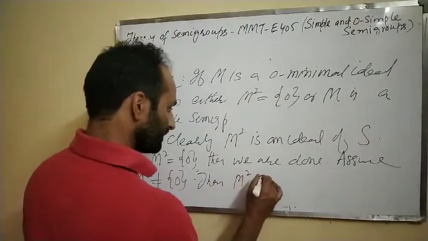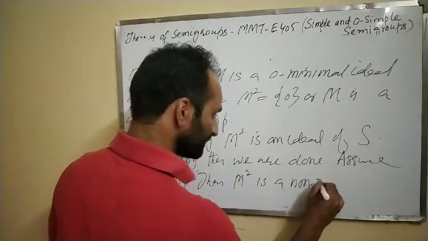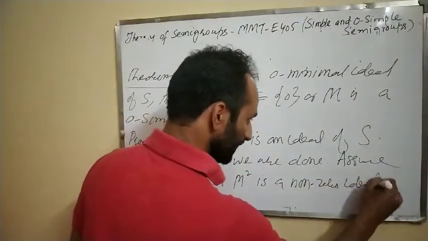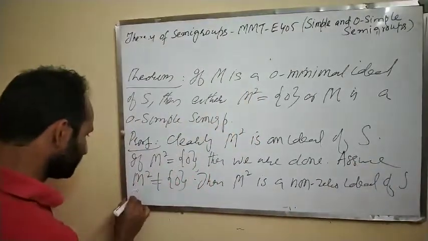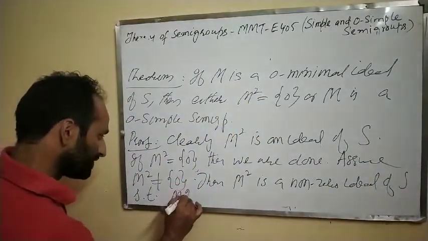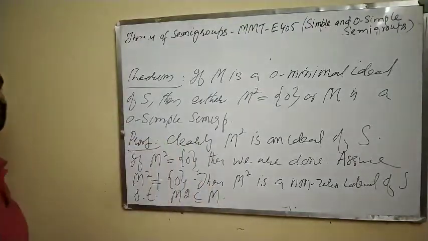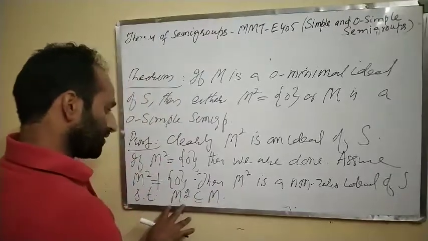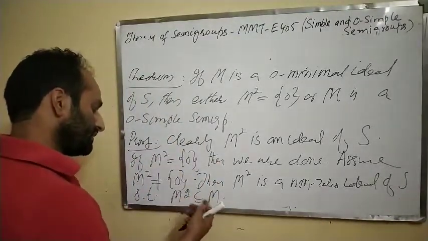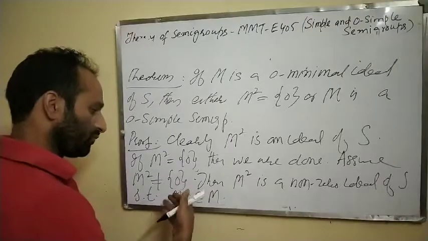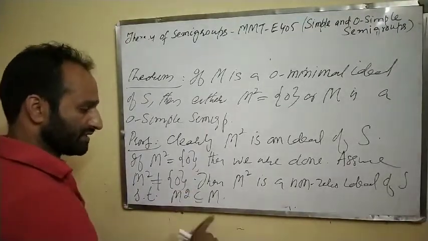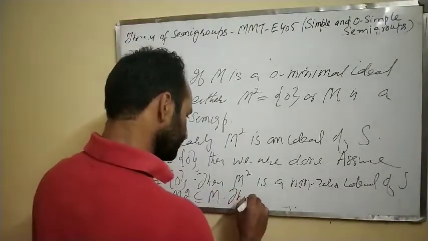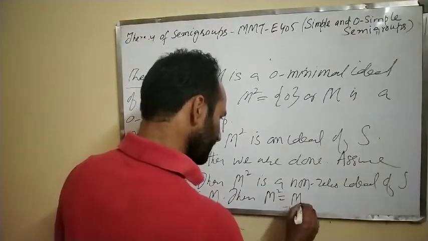Then M square is a non-zero ideal of S such that M square is obviously a subset of M. But M is minimal, so this M square must be equal to M, because it cannot contain any proper non-zero ideal as M is minimal.